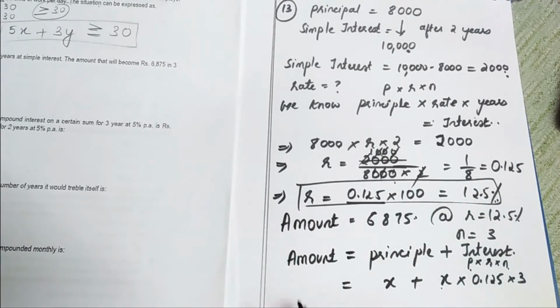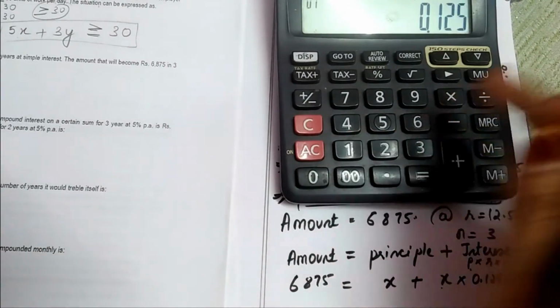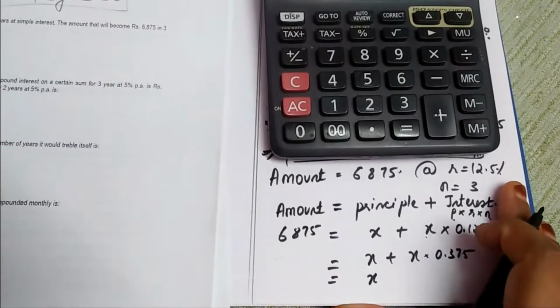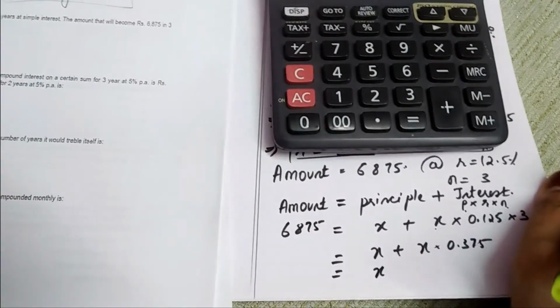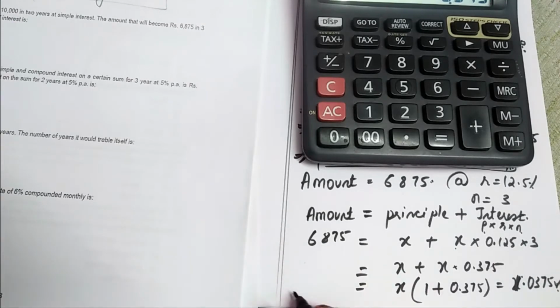The amount we directly take as given. Now it's only simplification: x plus x into 0.125 into 3, which is x plus x into 0.375. Taking x common, it is x into 1 plus 0.375, which is 1.375x. Now, in a simplified way, what will x be?